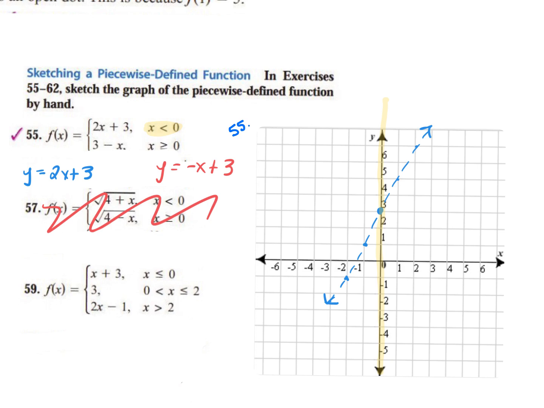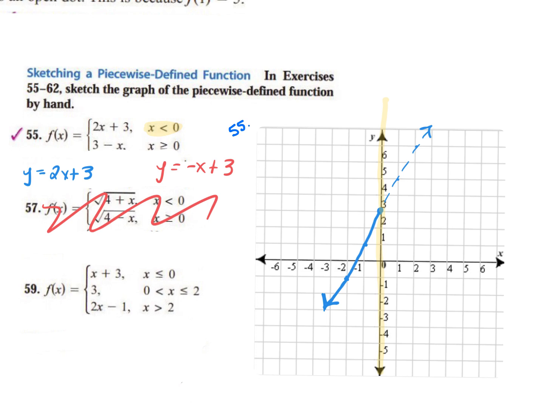It says I want all of the values on that blue line where x is less than 0. So if I'm looking at my line, where are the values less than 0 on the x-axis? To the left of it or to the right? To the left. So I want to keep all of these values over here on the left-hand side. I want to keep this part of my line.